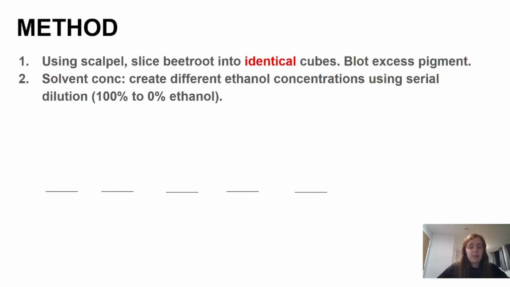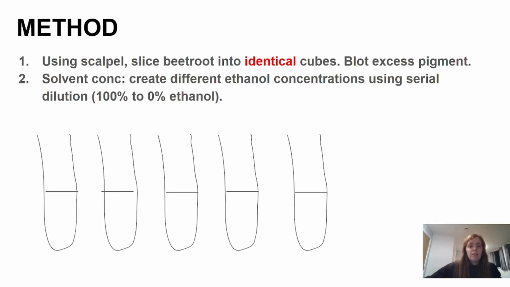For the purpose of this video, I'm going to do this as you're investigating 100% ethanol to 0% ethanol. You can use as many concentrations as you want, but for this video we're just going to use 5.